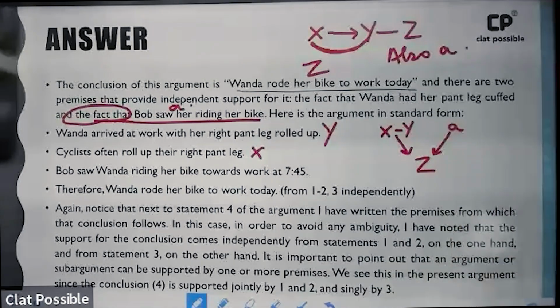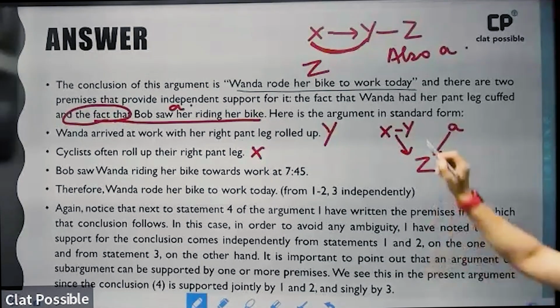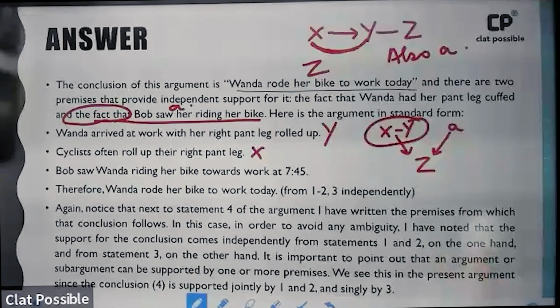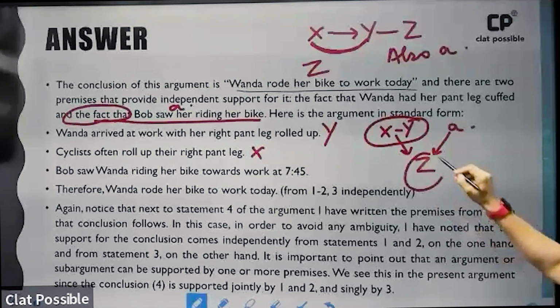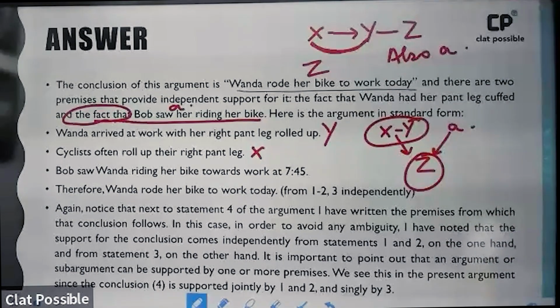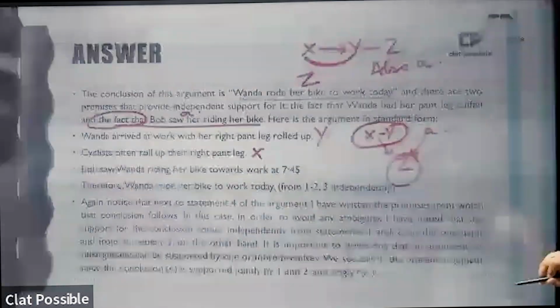Those who wanted to understand what is independent, there is one logical coordination of X and Y. X leads to Y, or Y follows from X. A is additional, and we have got the conclusion. Do you understand this?